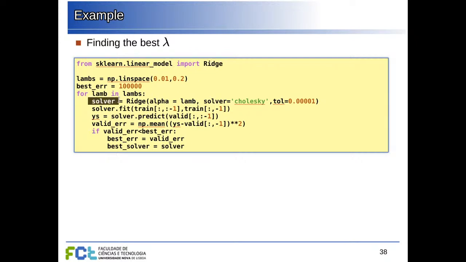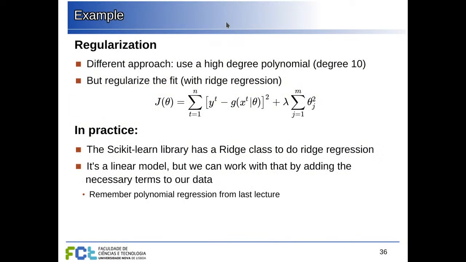We create this Ridge class, and we are going to give here this alpha value, which is the weight given to the regularization factor. The one I have called lambda in this equation, in the documentation, in the function, they call it alpha. So by changing this, we change how much the regularization factor weighs on the loss function.